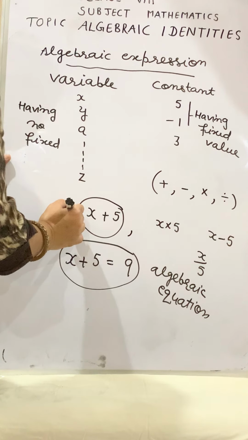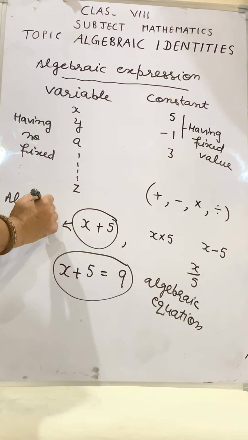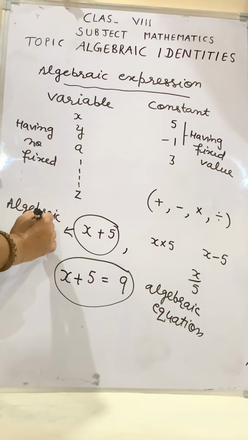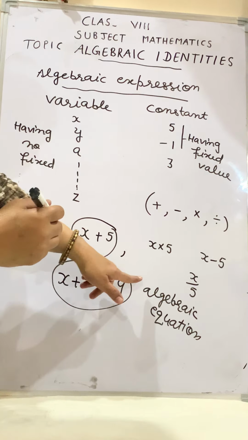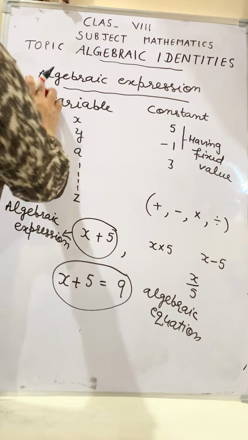And this is an algebraic expression. But what is identity? Algebraic identity is different from algebraic expression and algebraic equation. What is algebraic identity?